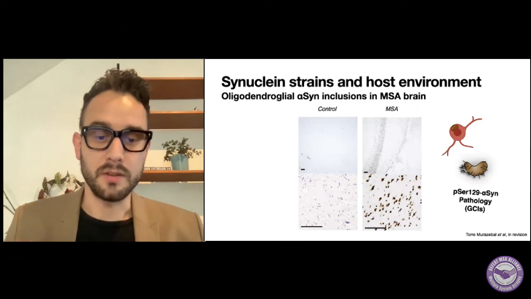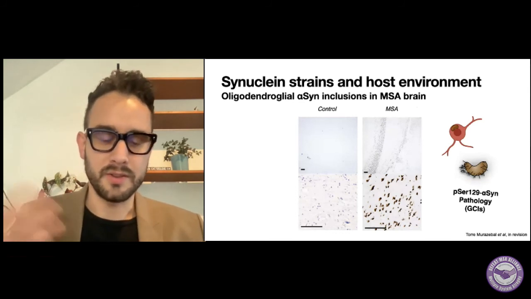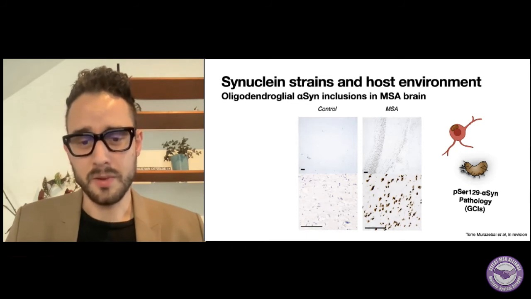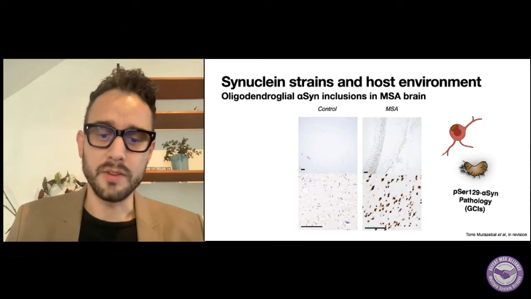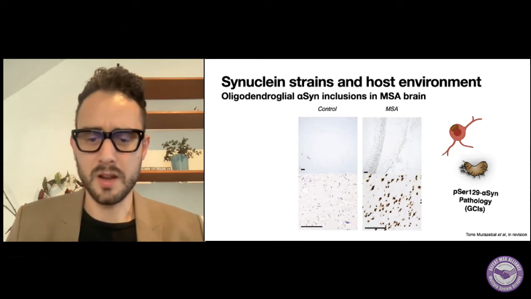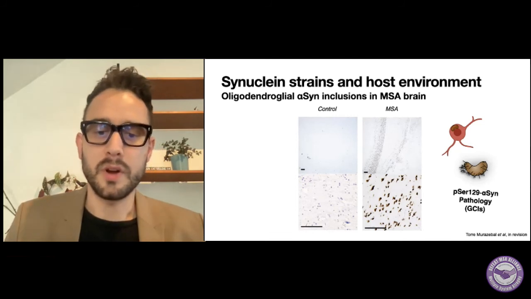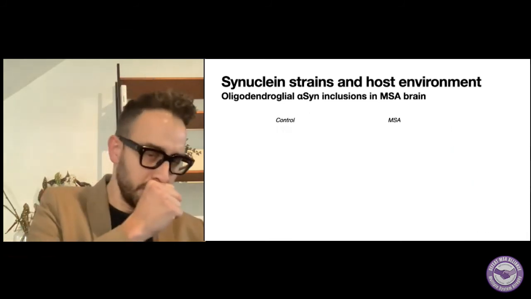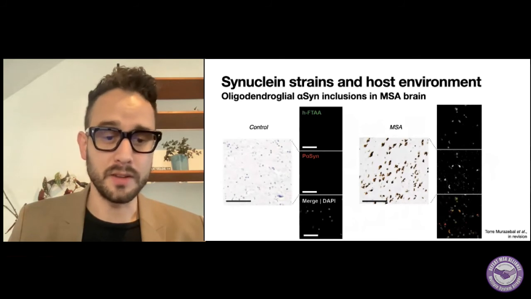So here is controlled tissue from a person without any neurological symptoms, and you can see the brain of an MSA patient that I stained for this marker of alpha-synuclein pathology. It indicates that you have these glial cytoplasmic inclusions that are very widespread throughout the putamen here. So this is one method of analyzing this.